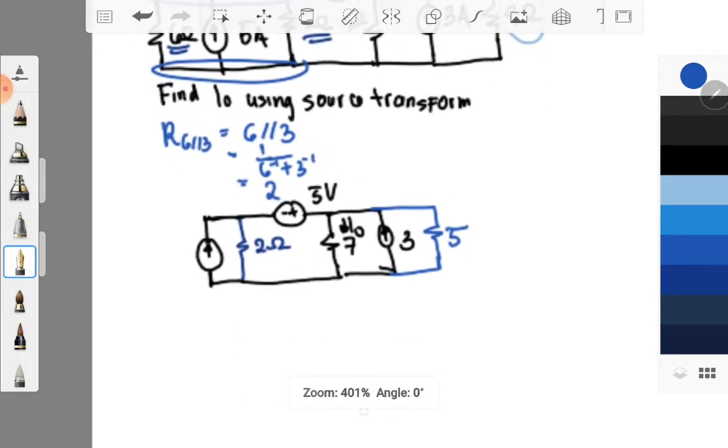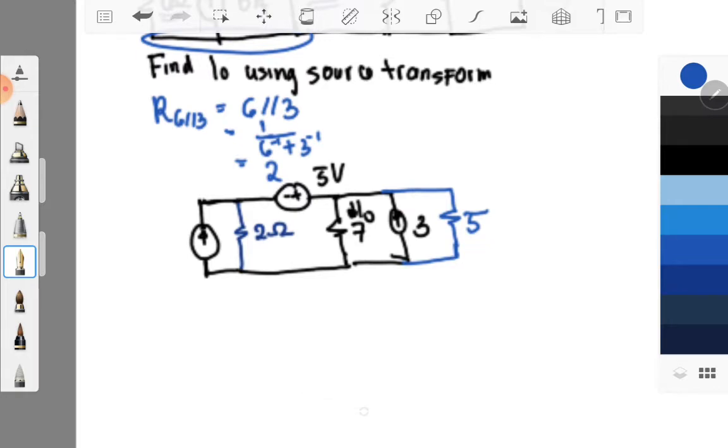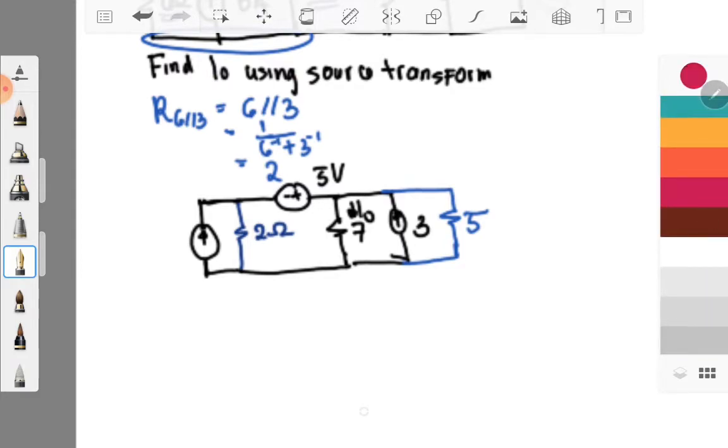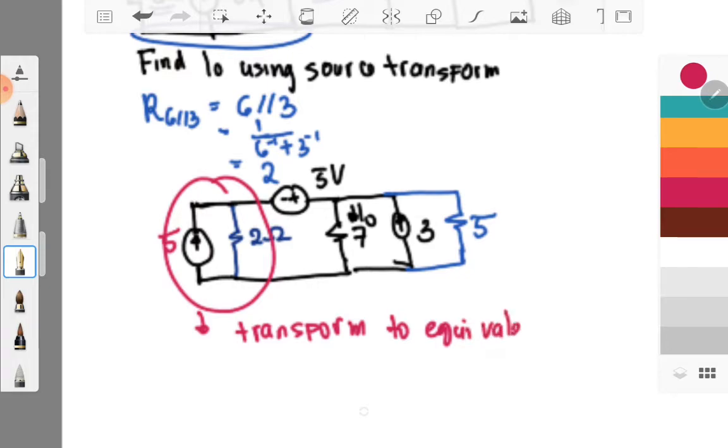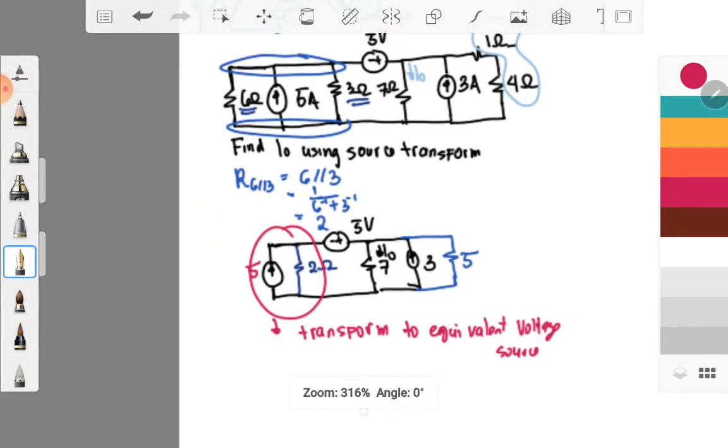Our next step is to transform this terminal into an equivalent voltage source. Take note that this is a 5 ampere source, so transform it into an equivalent voltage source. You can see that the figure is very familiar. Where have you seen that figure? Wherein you have a 5 ampere independent source in parallel with the 2 ohm resistor.